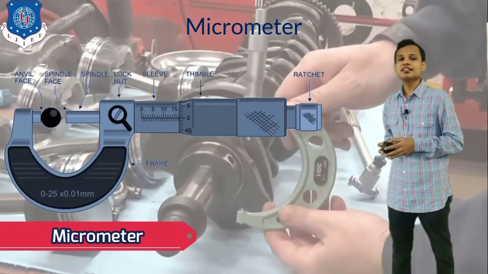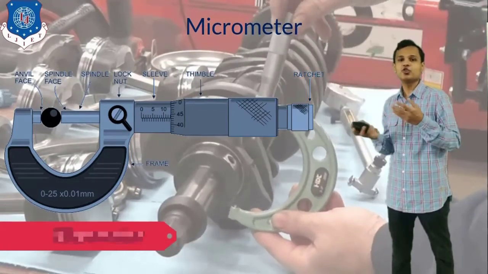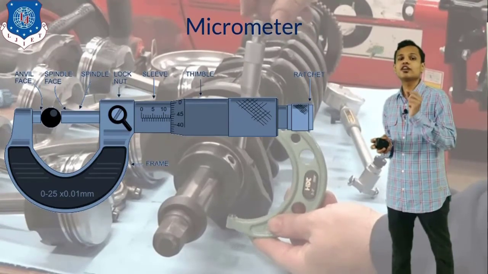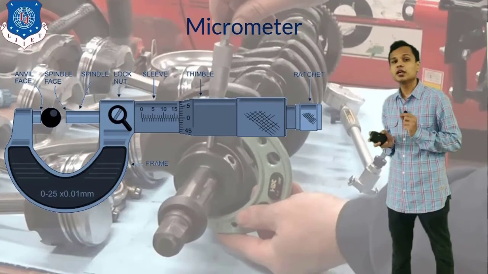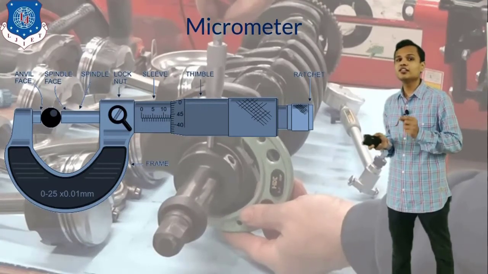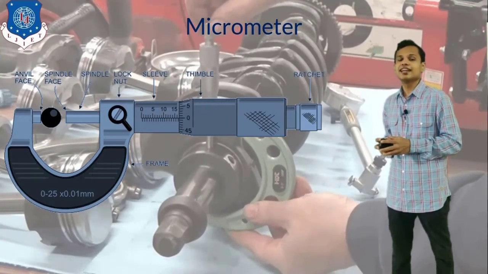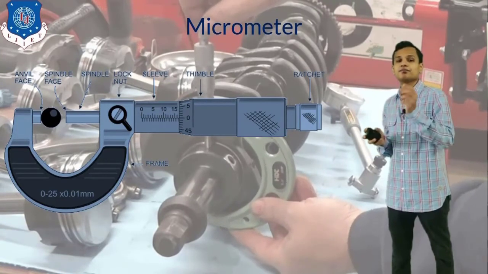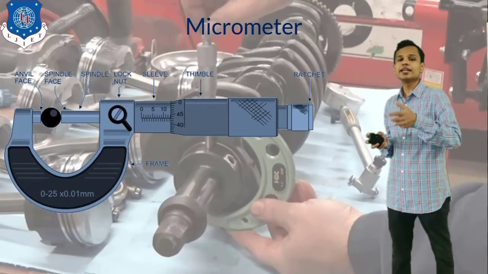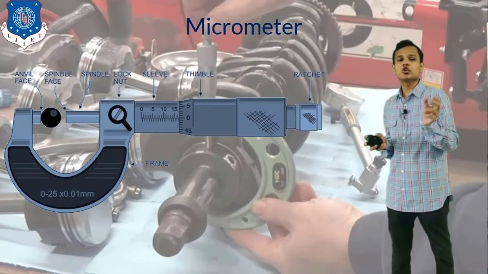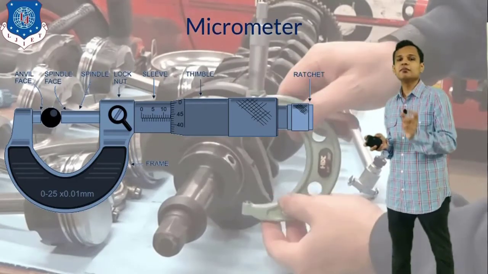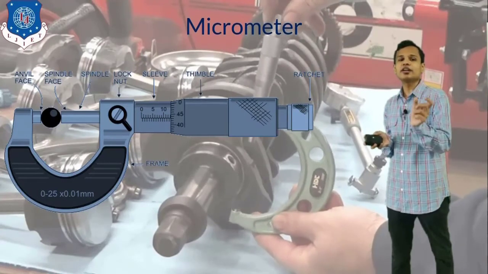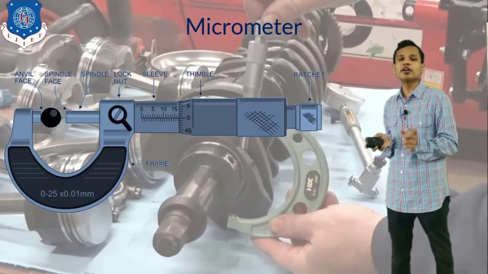The next thing is the micrometer, right? You might have heard about the micrometer as well. The accuracy of the vernier caliper was 0.1 millimeter, but in the case of the micrometer it is 0.01 millimeter. In the micrometer, the ratchet is rotated so that the micrometer closes and the component fitted in between is in close proximity, so that the outer diameter of the component can be measured.